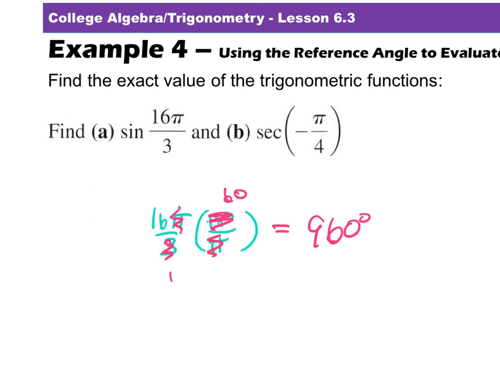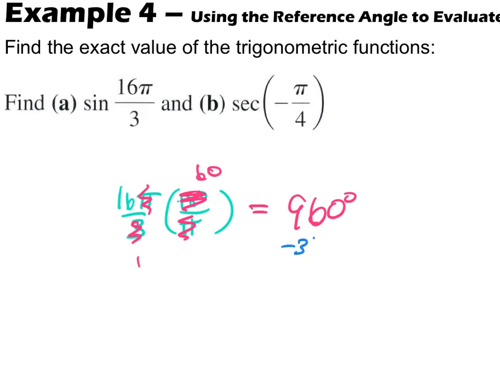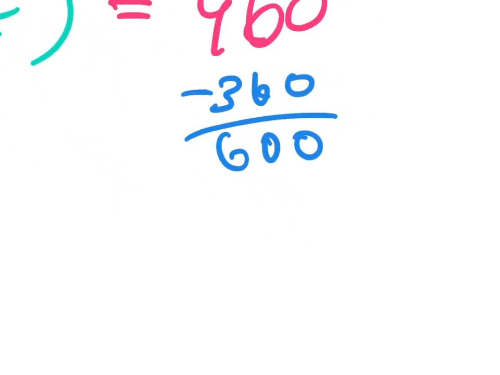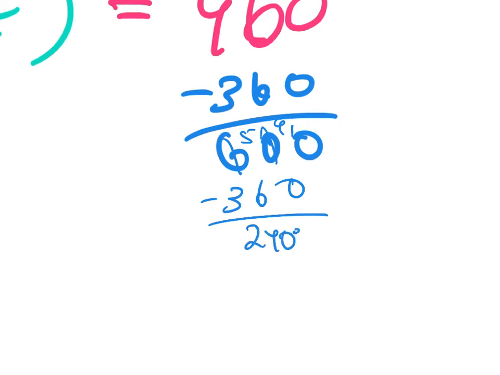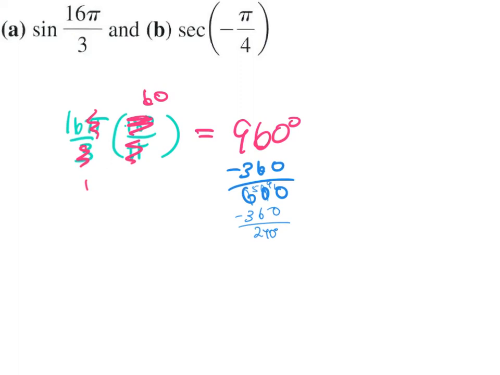Is that on the unit circle? No. What should we do? Let's subtract 360. So minus 360, I get 600. Okay, then what? Minus 360 again. What is it? 240. Is 240 on the unit circle? Yep, it sure is.